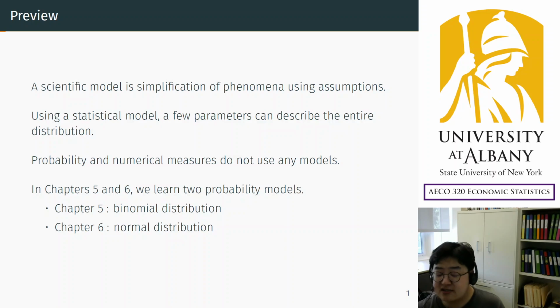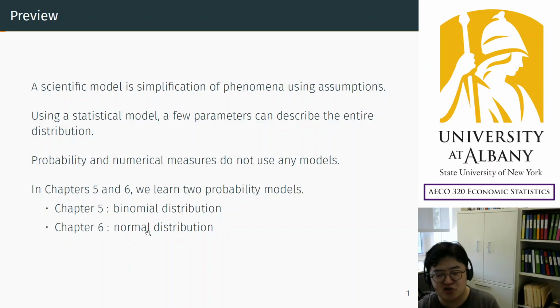In statistics, there are a lot of probability models, a lot of distributions, right? However, we are going to study only 2 typical, most common and important types of distributions. In this chapter, we are going to learn the binomial distribution, and in the next chapter, we are going to study the normal distribution.